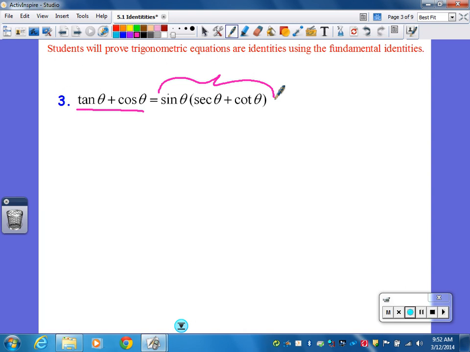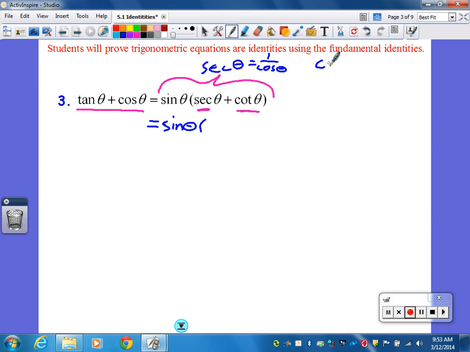Well, we know that we have a secant and a cotangent. Well, I want to change those so they're in sine and cosine. So I'm going to make this sine theta times secant theta is 1 over cosine theta.